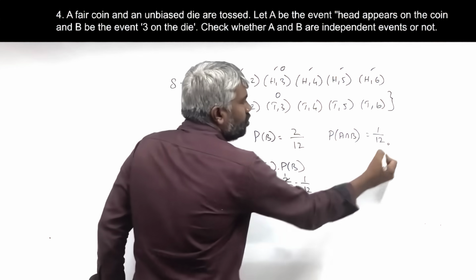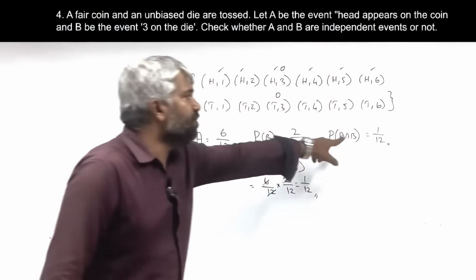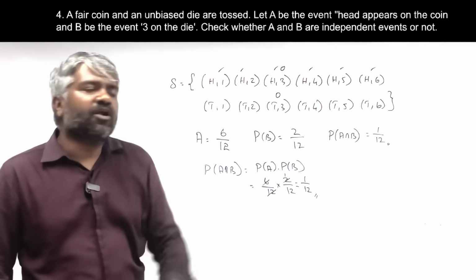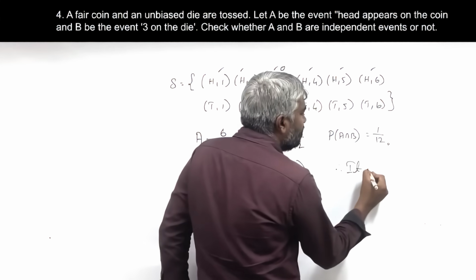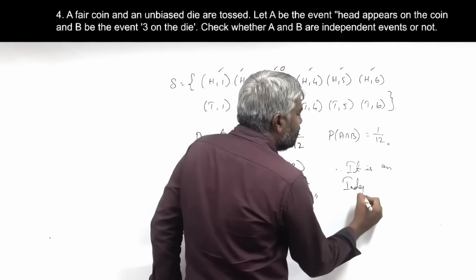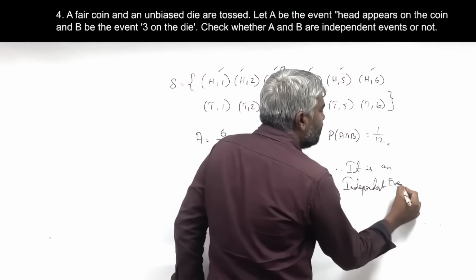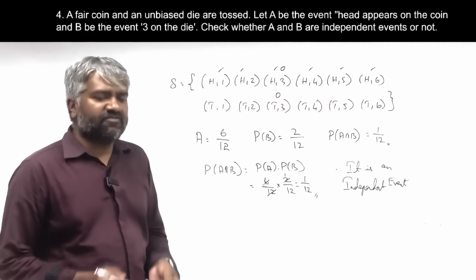This is equal to the earlier value. Therefore A intersection B has the same value in both cases. Therefore yes, A and B are independent of each other. So it is an independent event. That's all. We'll move to the next question from this exercise.